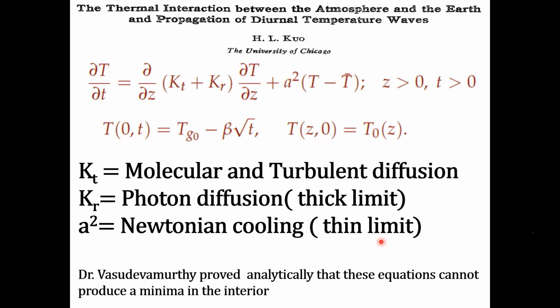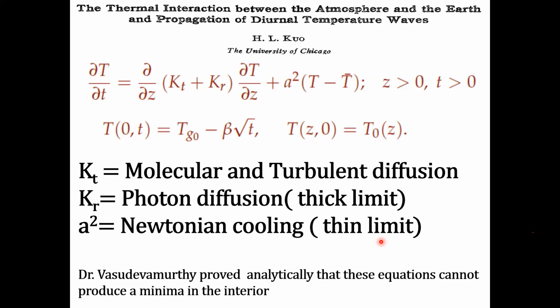Okay, this was an elegant approach, but after trying to solve this problem, he had some difficulty. Then he used his knowledge of mathematics to show that without solving this equation, he could show analytically that these equations cannot produce a minimum in the interior. This was an elegant piece of proof that this solution, with that boundary condition at the ground, which is the observed boundary condition, cannot produce a minimum.